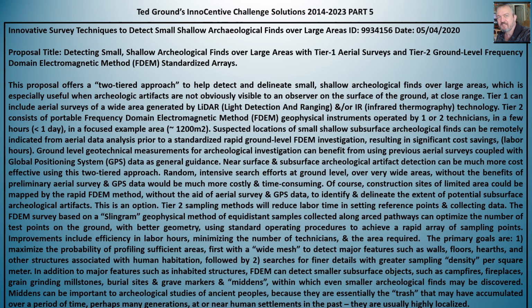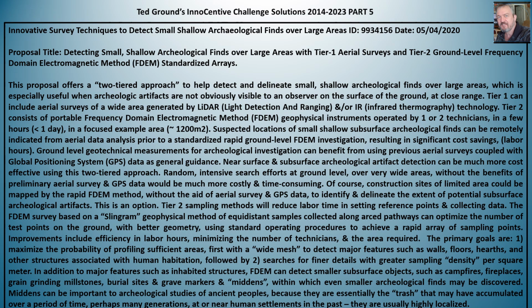So you can use this method both for trying to find voids and potential sinkholes in the ground, and also for archaeological sites. It's pretty self-explanatory. Tier 1 is LiDAR, or infrared thermography technology, taken from a wider area, that is, an aerial survey.